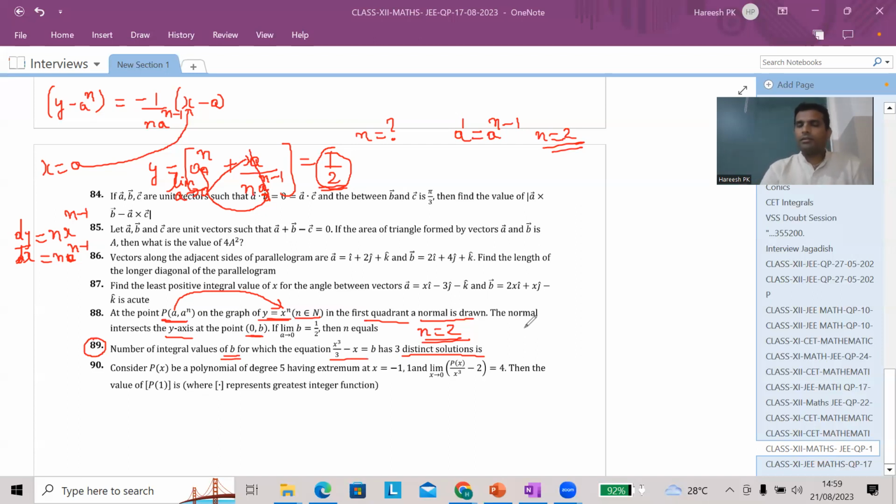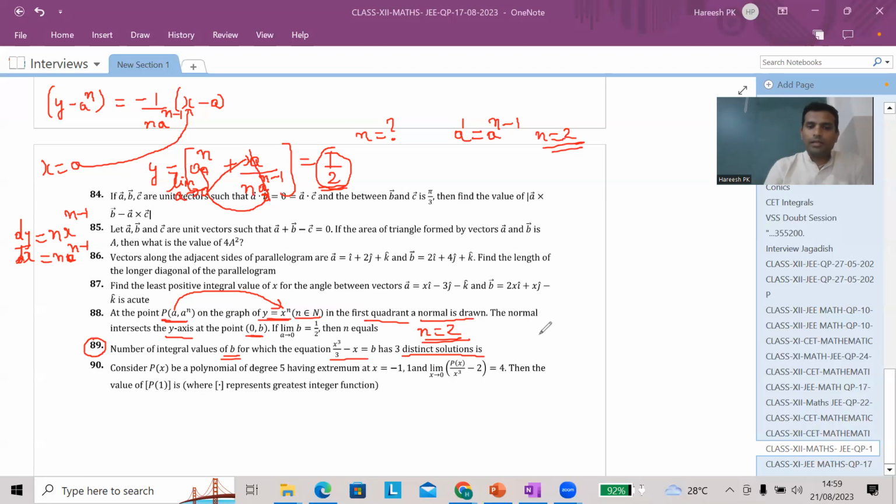If the derivative is having 2 roots, the original equation is having 3 roots. If derivative has 4 roots, the original equation has 5 roots.